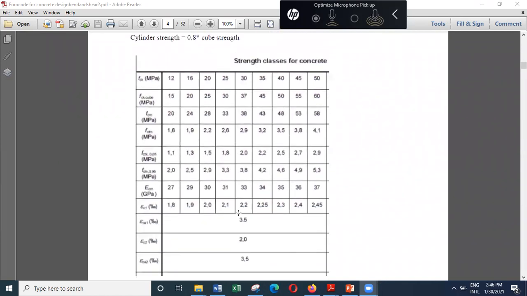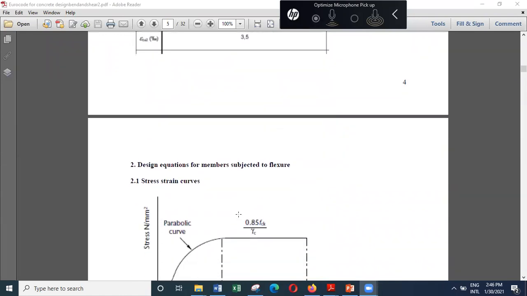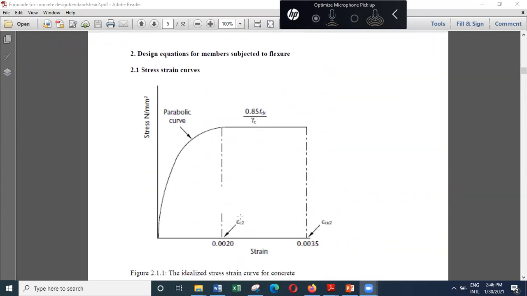And you all know that concrete is a material. After hardening, when you apply the loads, concrete will initially behave more or less as an elastic material. When the stresses are fairly low, it will behave as an elastic material, almost a linear relationship between stress and strain.